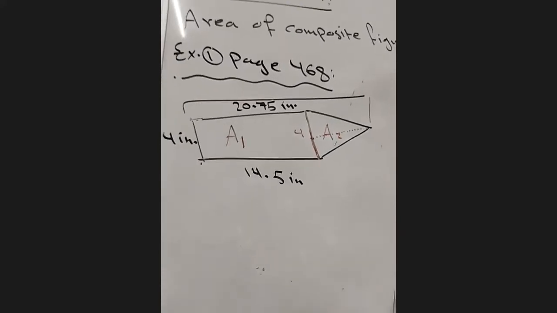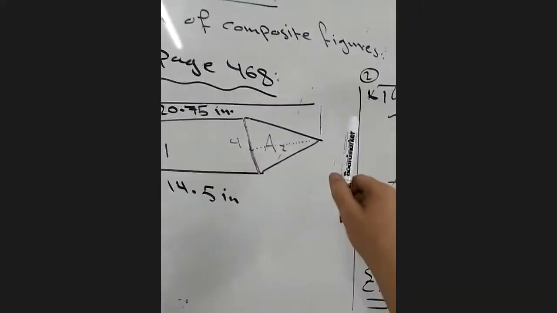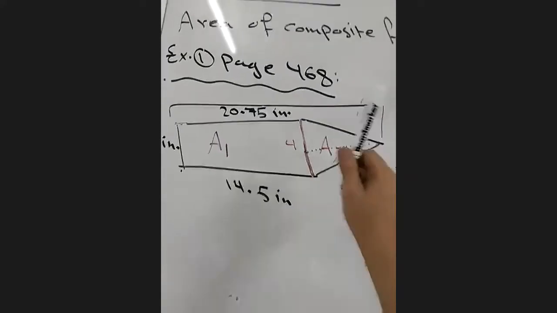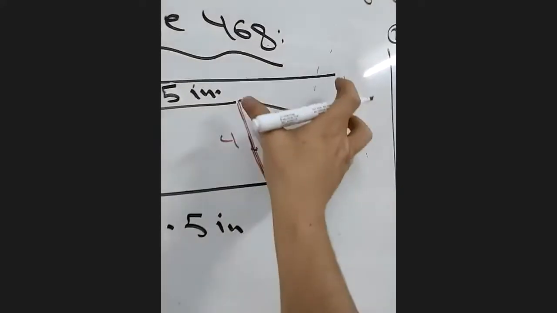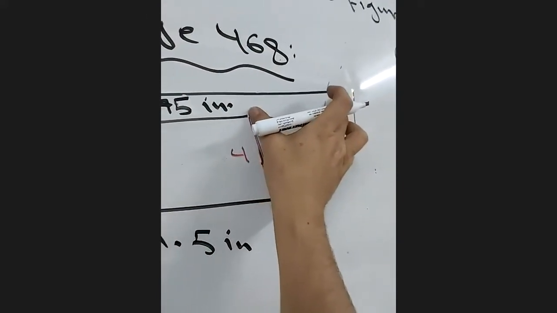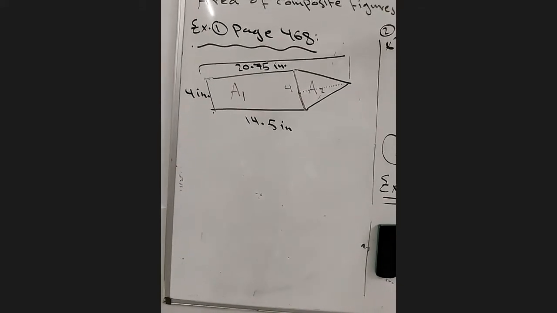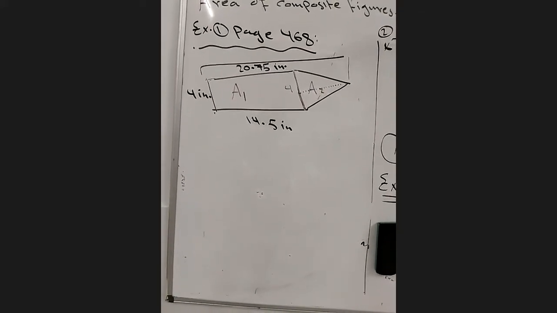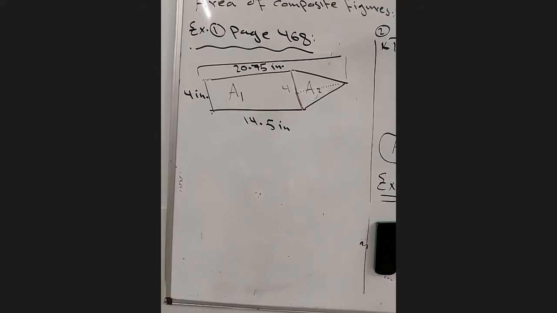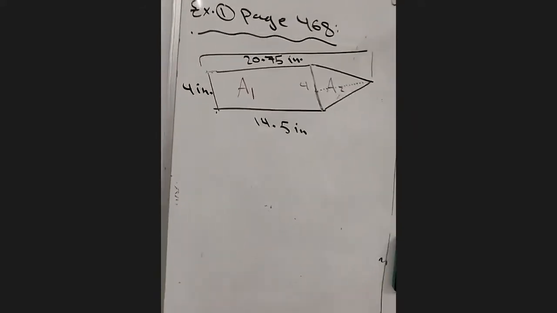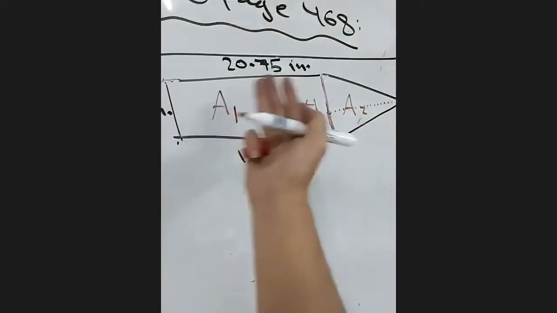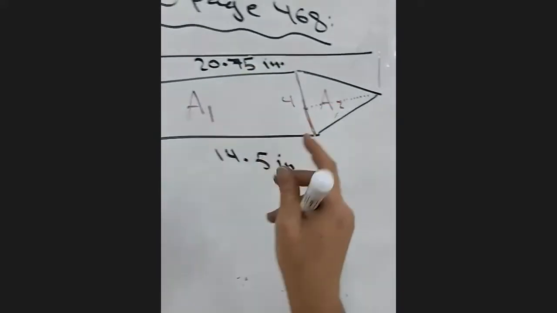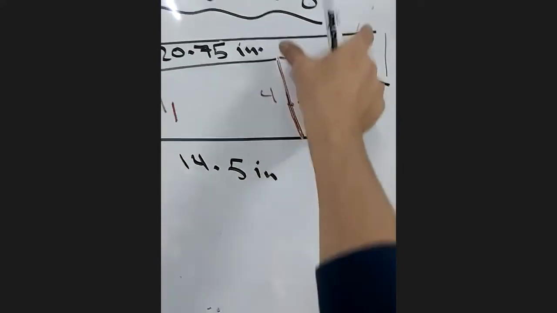Now all of it, the triangle and the rectangle together, is 20.75. I want the height of the triangle only. What will I do? I will subtract, guys. The triangle and the rectangle together is this whole.